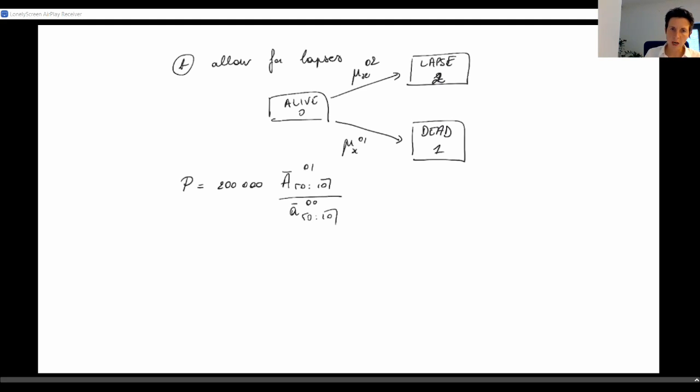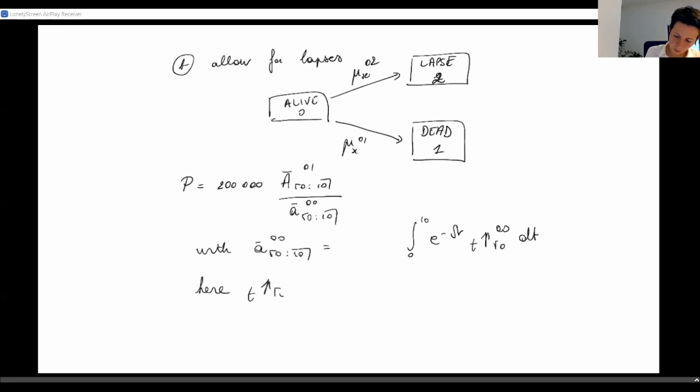But of course, when I write down, for instance, this EPV of the annuity, I will now have to take into account that there are multiple decrements. So that's my EPV of my premium payments. And here I now have as the survival probability, the tp50 00, here is my exponential function, of course, integral from 0 to t.